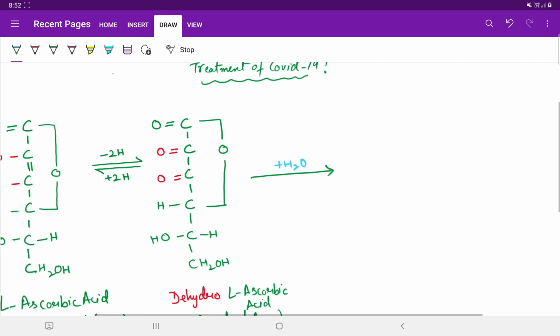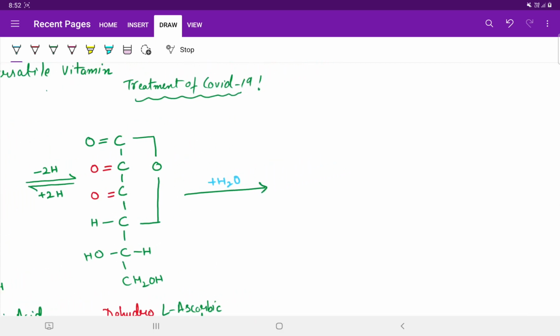So now let us see how this gulonic acid is formed. So it is also a 6 carbon containing compound. So first of all, let us draw the basic structure. The 6 carbon atoms.